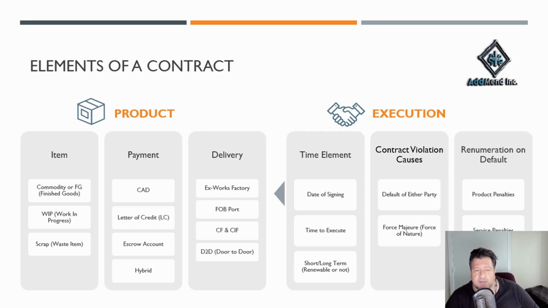Payment terms. Every contract, as we said, has different payment terms. Among the well-known ones, there are so many: cash against document (CAD), and letter of credit (LC). There are so many kinds of letters of credit: 100%, 80%, at sight, irrevocable, revocable.